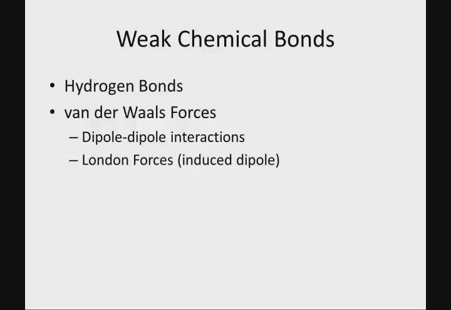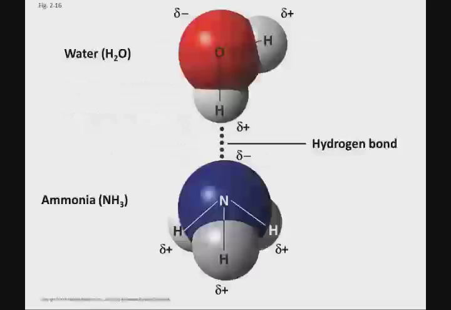If you peel away just a little, so Velcro is basically hooks and loops, and one little hook and loop isn't very strong. But collectively, they make up lots and lots of little bonds, and then collectively it's very, very strong. So weak chemical bonds, the ones we're concerning ourselves with, are hydrogen bonds, and then what we call van der Waals forces, which are dipole-dipole interactions, and induced dipoles, which are also known as London forces.